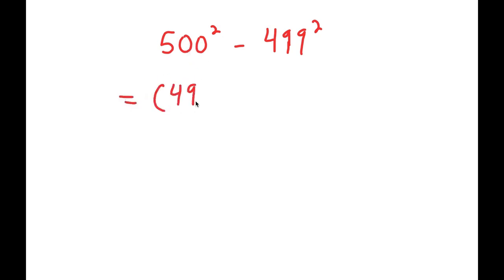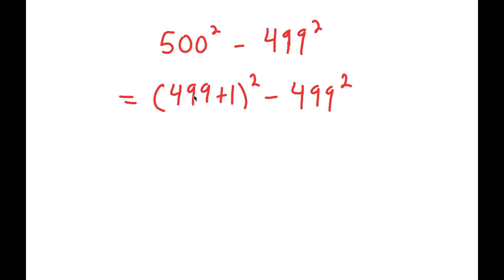Alright, so in this video, I'm going to solve the problem 500 squared minus 499 squared. To solve this, I'm first going to rewrite it as 499 plus 1 squared minus 499 squared.